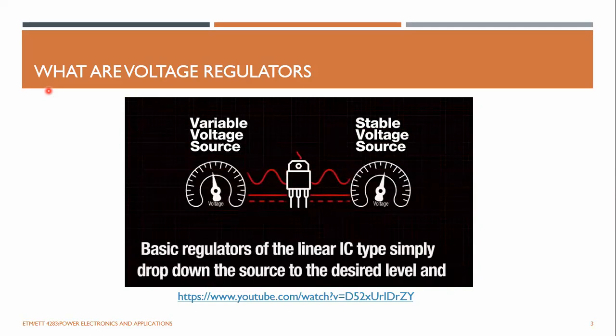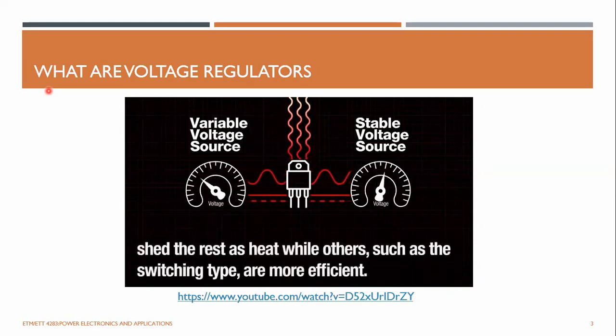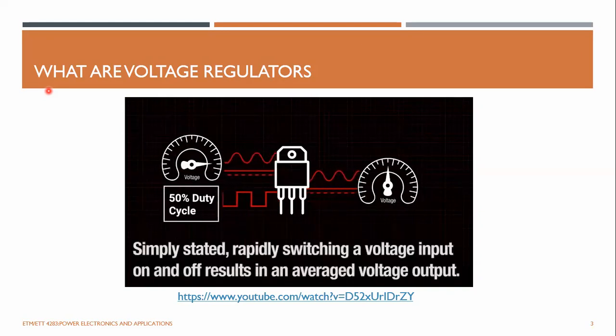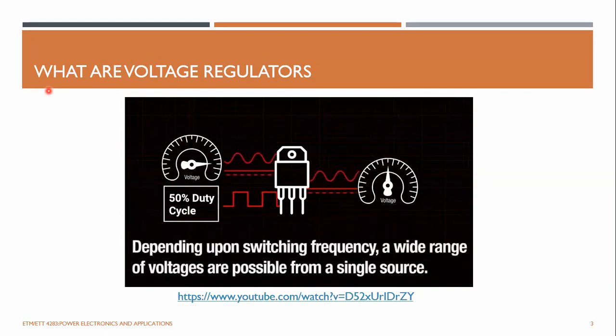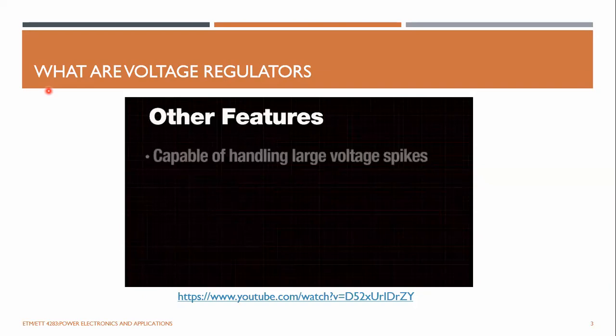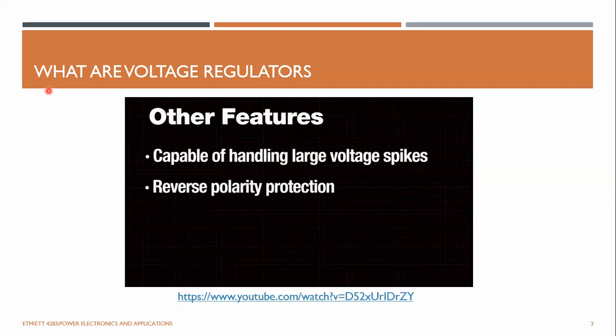Basic regulators of the linear IC type simply drop down the source to the desired level and shed the rest as heat, while others, such as the switching type, are more efficient. Simply stated, rapidly switching a voltage input on and off results in an averaged voltage output. Depending upon switching frequency, a wide range of voltages are possible from a single source. Some regulators employ additional features capable of handling large voltage spikes, reverse polarity protection, or removing unwanted signal noise.